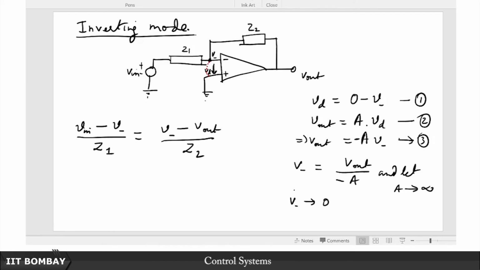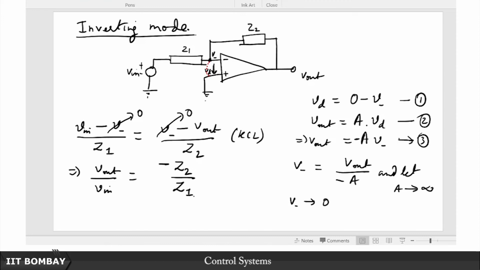But then I have already determined that this V minus tends to 0. This is what KCL dictates. So I can now just use this here as 0, can I not? In that case, it turns out that V out over V in is nothing but minus 1 times Z2 over Z1.